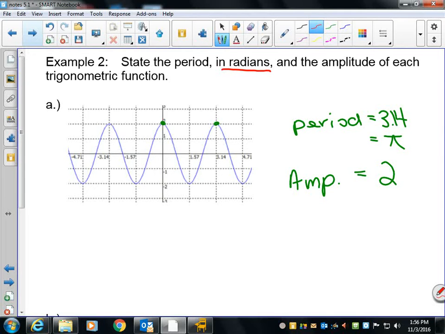So if it asked for the period in degrees, you'd have to change 3.14 or pi into 180 degrees. You could just write 180 because that's a memorized kind of thing. However, if you show work and you get some sort of math wrong on your calculator, then you've got partial marks. So I won't tell you either way. I'm just saying that's how I mark.